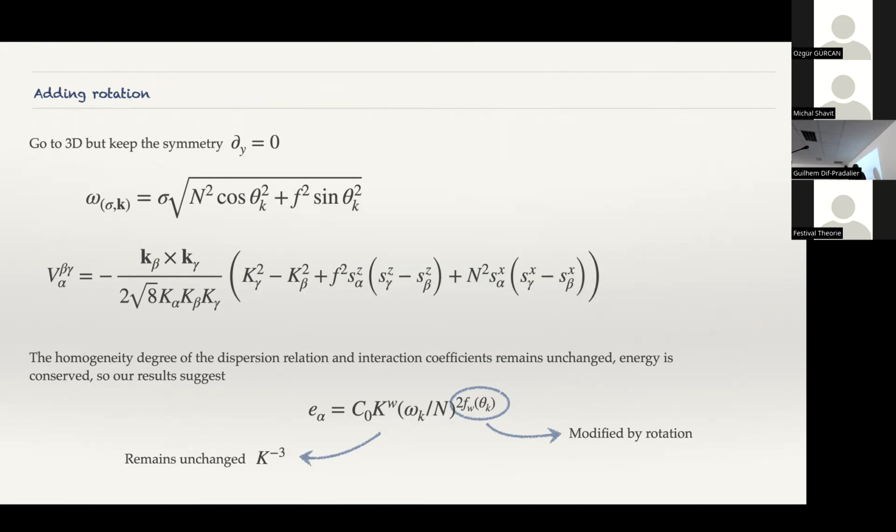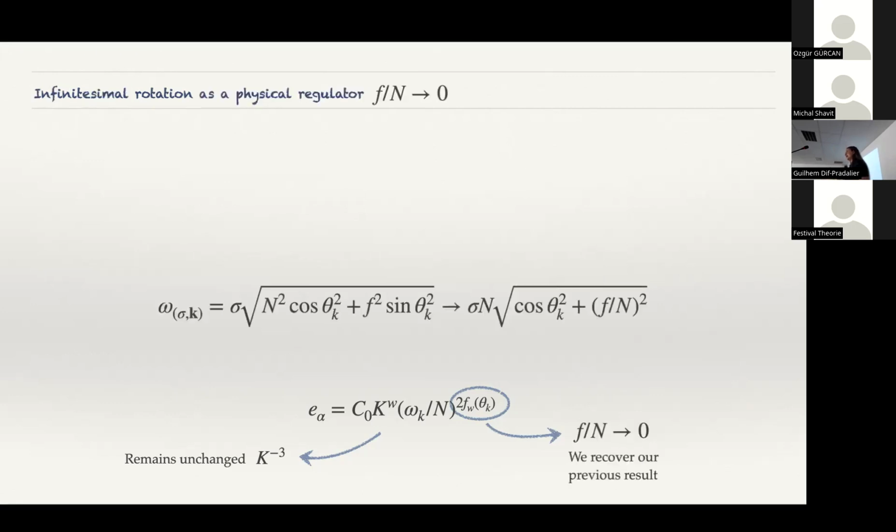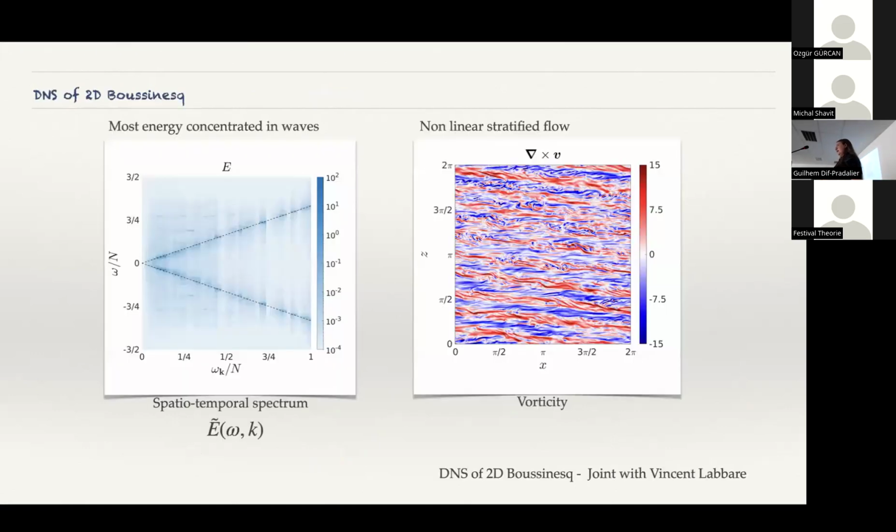Everything is a little bit more complicated, but the power law of -3 remains -3, and what is going to change is the way the angular part behaves. Once we have a physical regulator, one thing that we checked is that when we take f over n to 0 in the 3-dimensional problem with rotation, we reproduce the result we obtained in 2 dimensions.